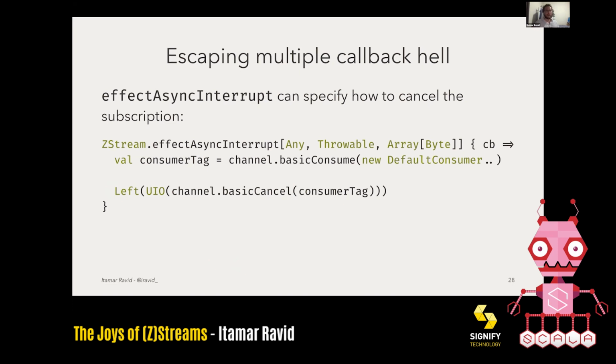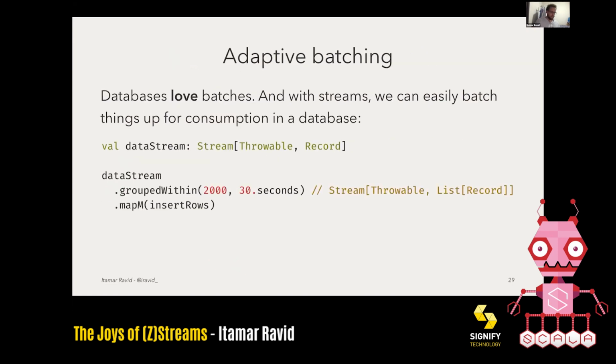Okay, so that's multiple callback hell. How about batching? We've seen that for all sorts of I/O, batches and chunking are pretty important. And with streams, we can do user-defined batches, not just the underlying chunks, pretty easily with something called groupedWithin. So groupedWithin will collect elements into a list up to 2,000 elements.